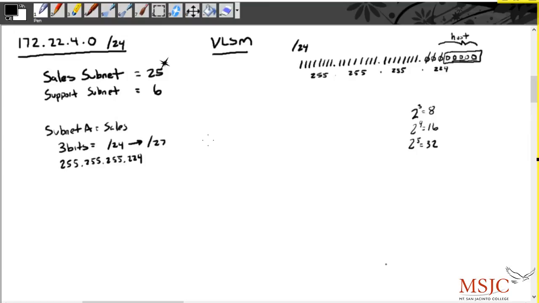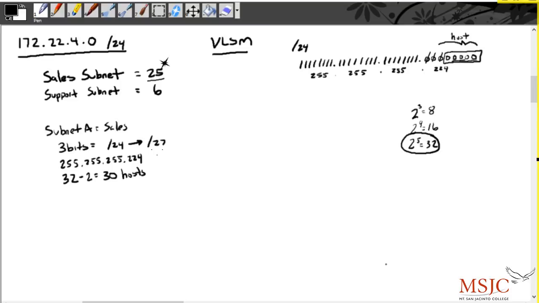We know that we are going to have more than 25 hosts per subnet. In fact, we figured out there are 32 available IPs per subnet. So 32 minus the network address and the broadcast address will leave us with 30 possible hosts in this subnet. That will meet our requirements because that's more than 25. So a /27 will work for sales.